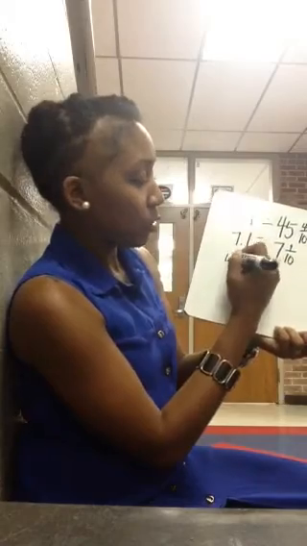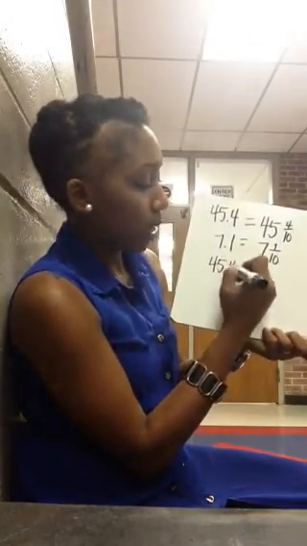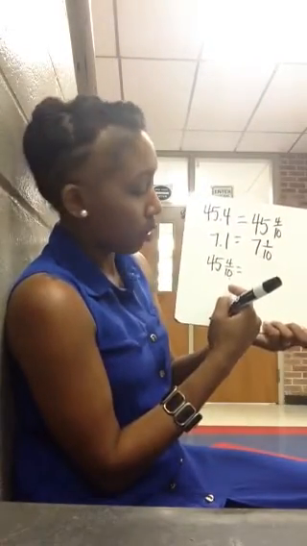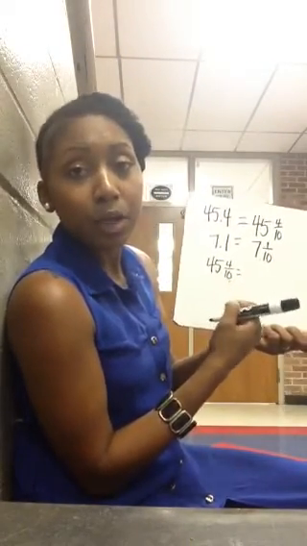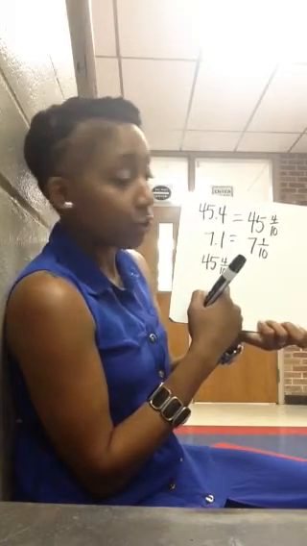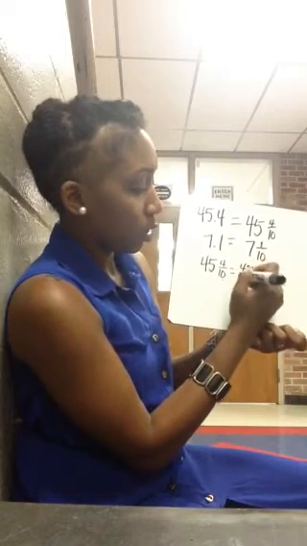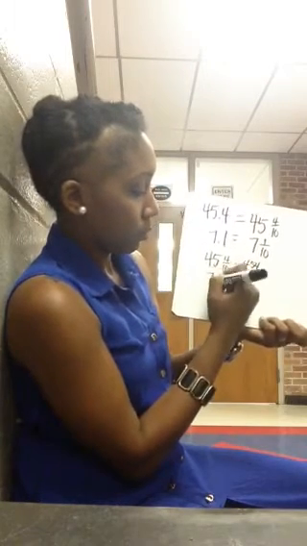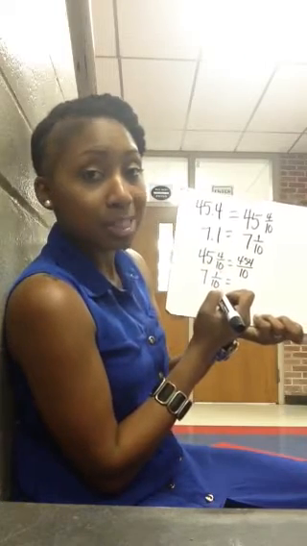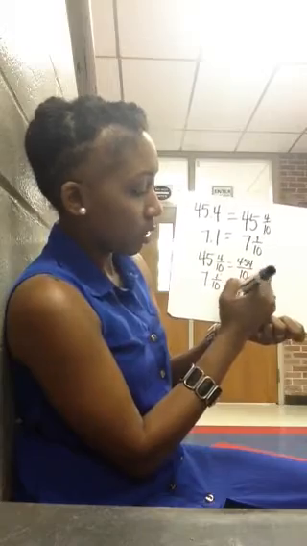I'm going to multiply these two together, but before I do, I want to create my improper fractions. 45 times 10 equals 450, plus 4 equals 454 tenths. 7 times 10 is 70, plus 1 equals 71 tenths.